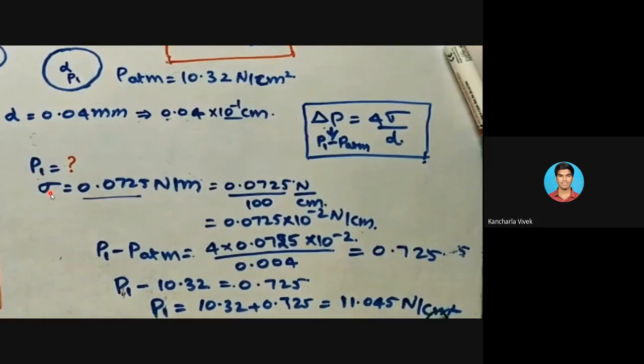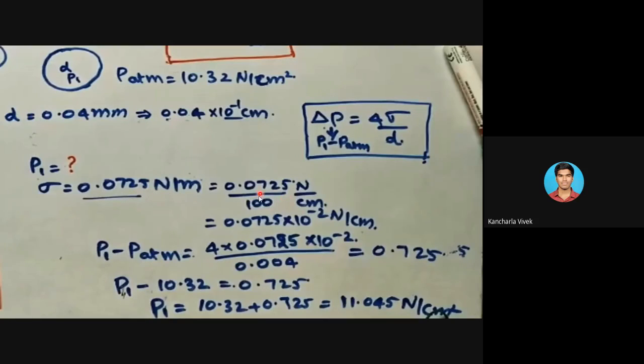For sigma, we have been given in the question, for example, 0.0725 Newton per meter. So 1 meter is 100 centimeters. So we reduce this surface tension value into Newton per centimeter, because D and P atmosphere already have centimeter square. So instead of keeping it the same and changing these both, for our convenience, we change the sigma value itself because the other dimensions suit it.